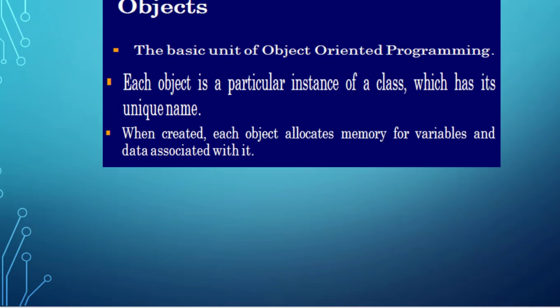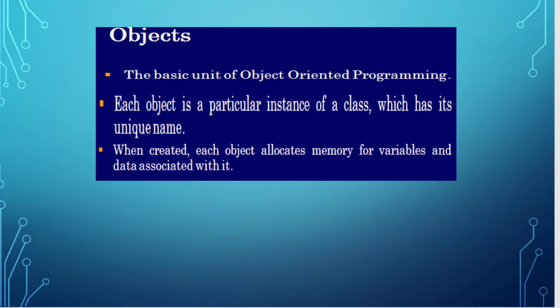Now what is an object? In object-oriented programming, an object is the basic unit of object-oriented programming. Each object is a particular instance of a class, which has its unique name. When created, each object allocates memory for variables and data associated with it.